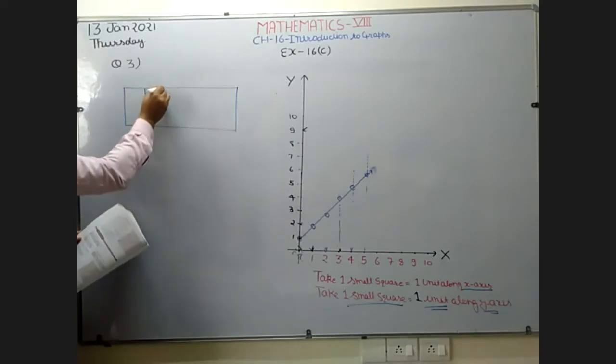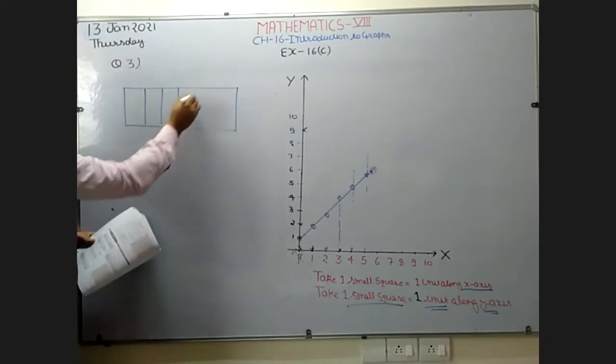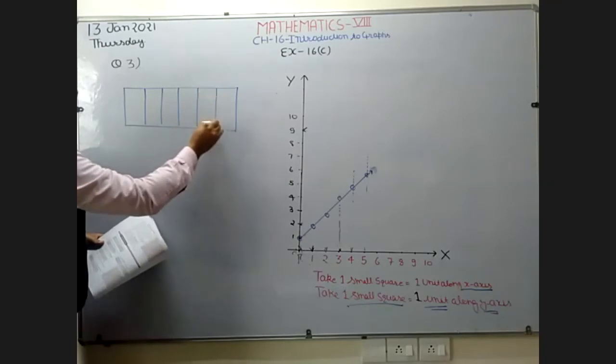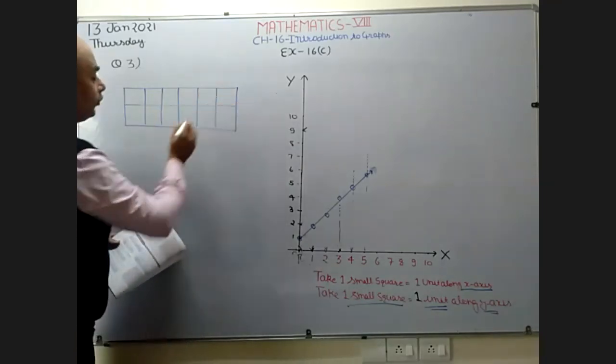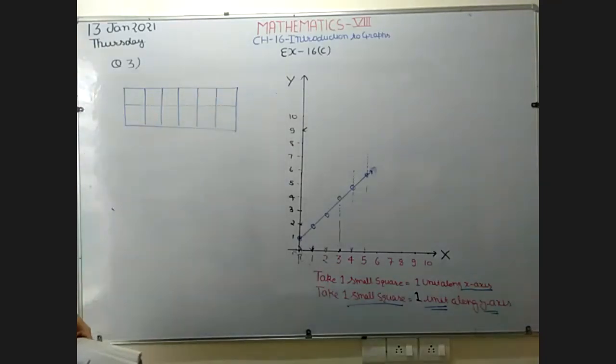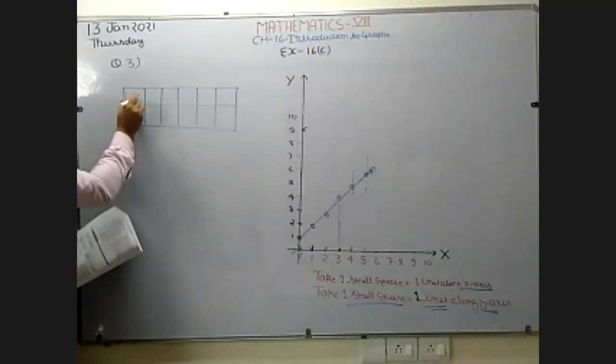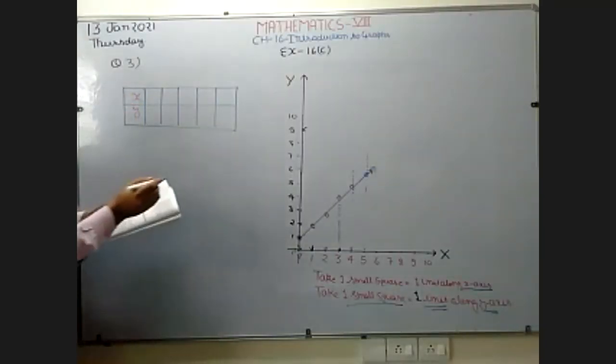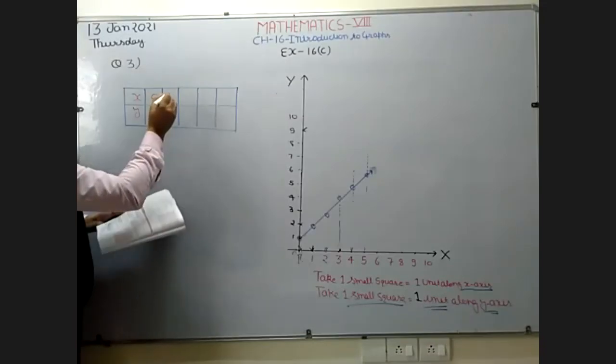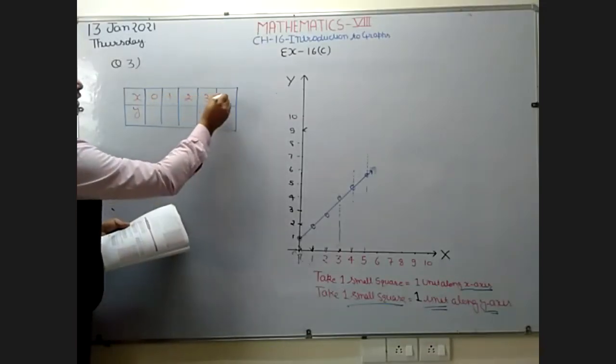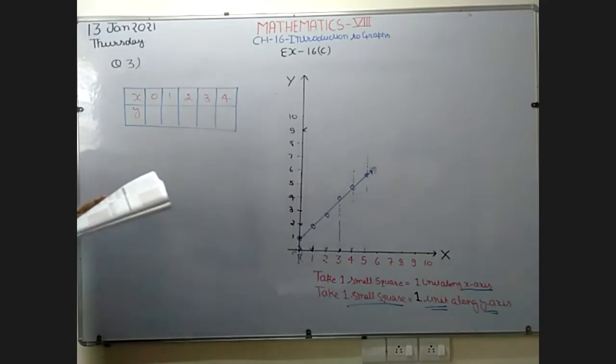With the help of the graph, I want to find the values of x and y. This is your x and this is your y. Now the values 0, 1, 2, 3, and 4, 4 points are there.